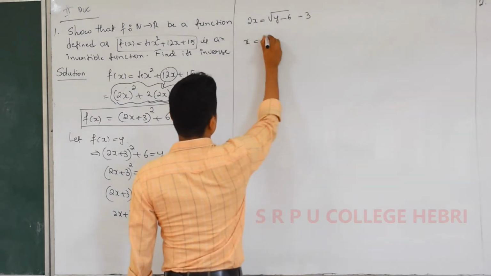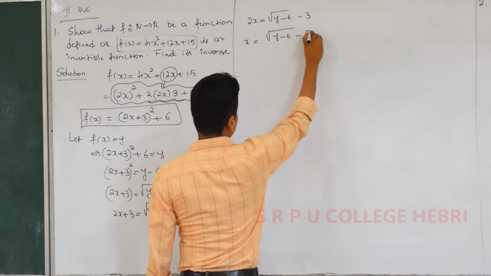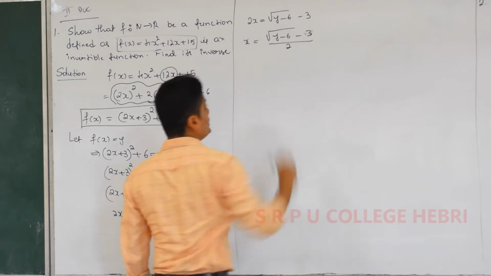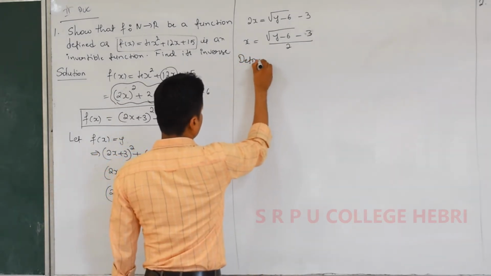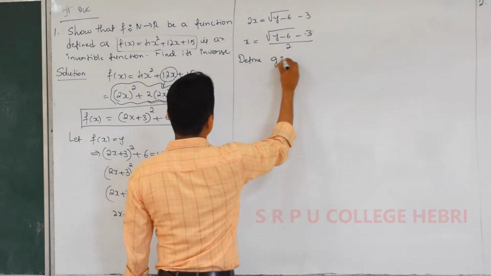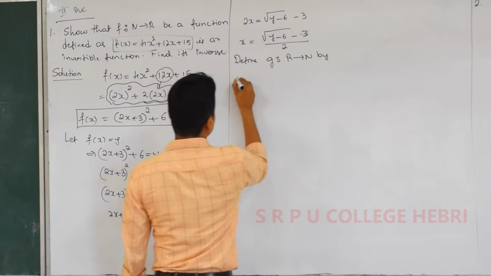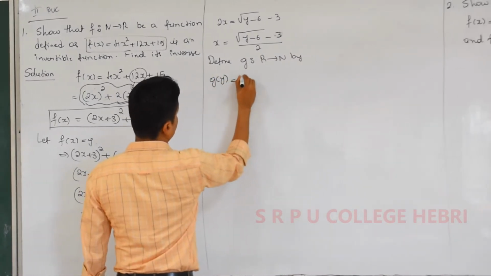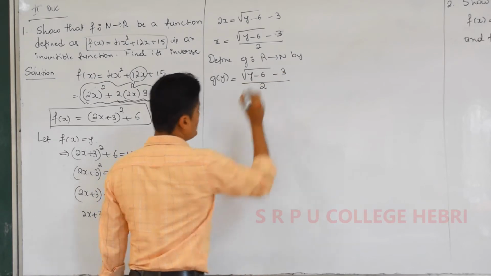So x is equal to (root of y minus 6 minus 3) divided by 2. Now using this you can define a new function. Define g from R to N by g of y is equal to (root of y minus 6 minus 3) divided by 2.